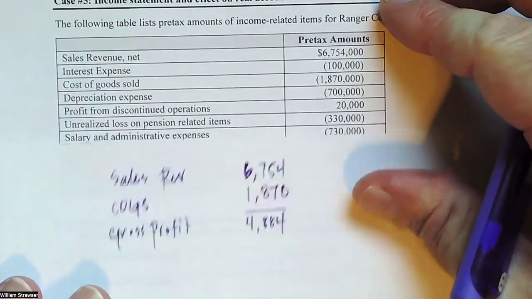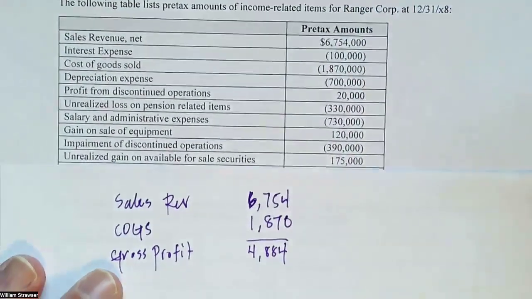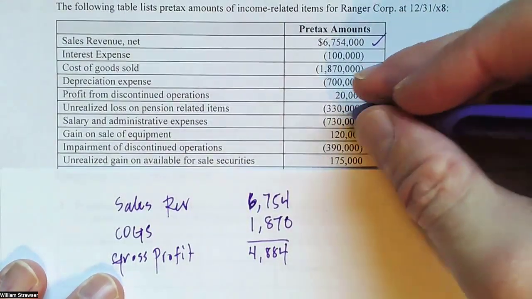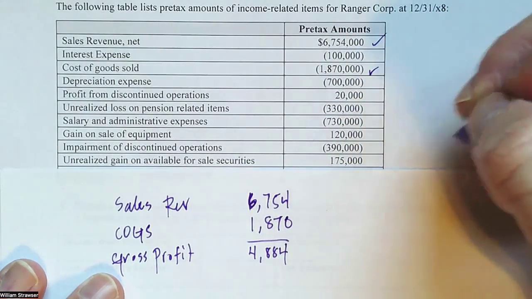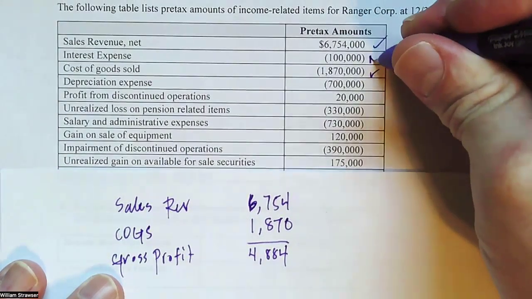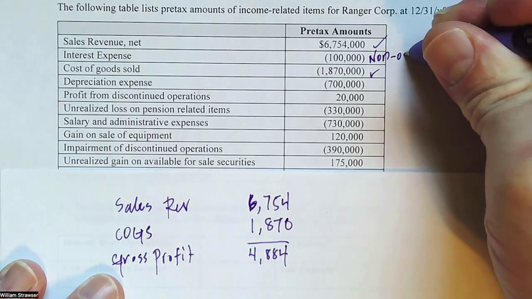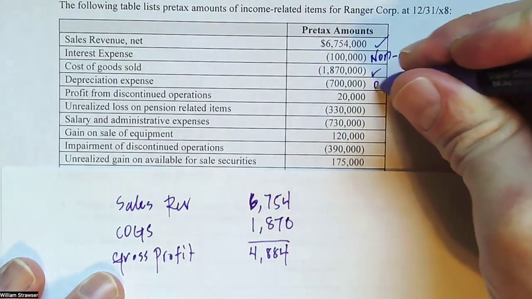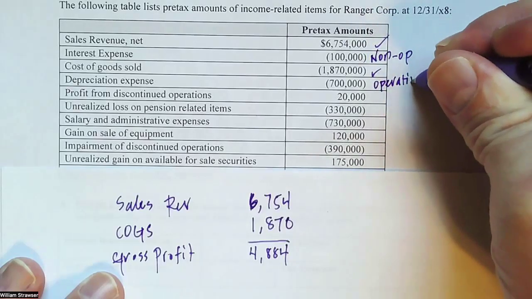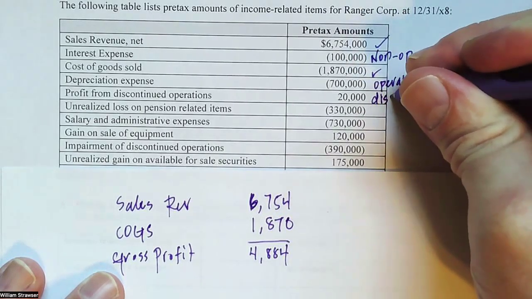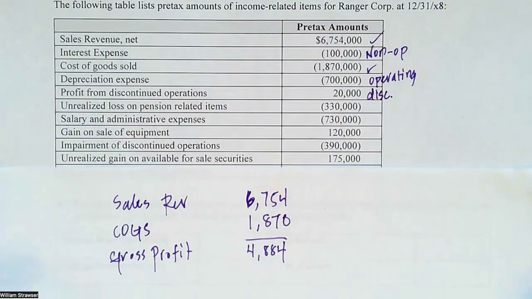All right, so after we have gross profit, then we want to pull in all of the operating expenses. So we got this guy, and then we have cost of goods sold that we incorporated. So now we were looking for operating expenses. Interest expense is a non-operating item. Depreciation expense, that is operating. The profit from disc ops is a disc op item. So this is that, hey, we discontinued our operation, but it's still generating revenues and expenses.